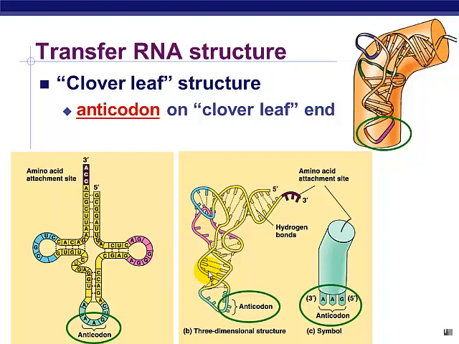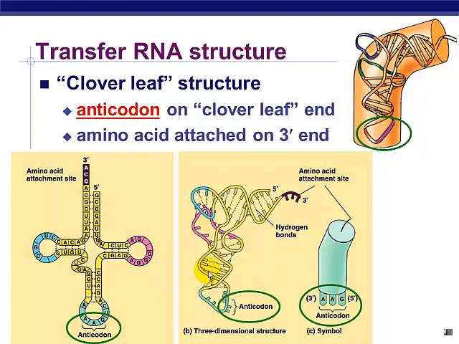It's not just a long linear strand. It has been folded into a special molecule. That is tRNA. It has a place where an amino acid attaches to. Right here, on the 3' end of the RNA.